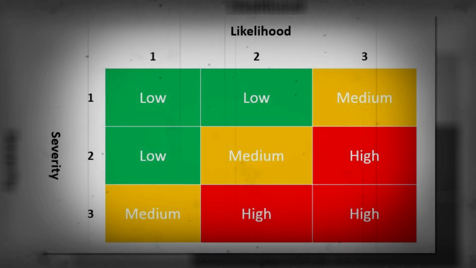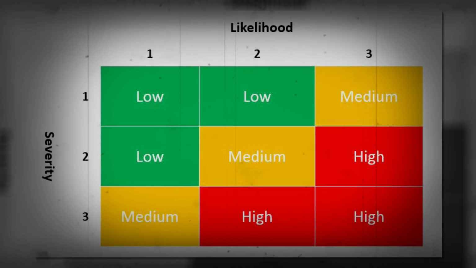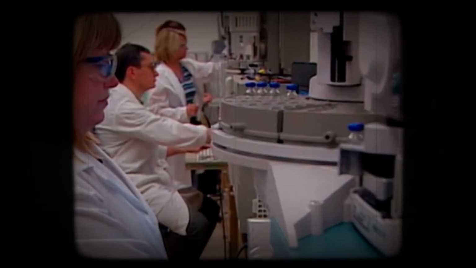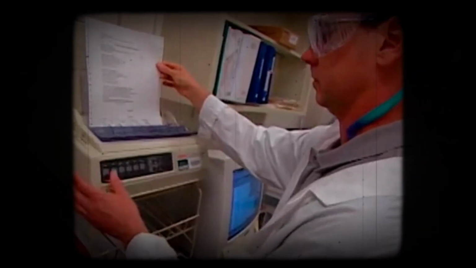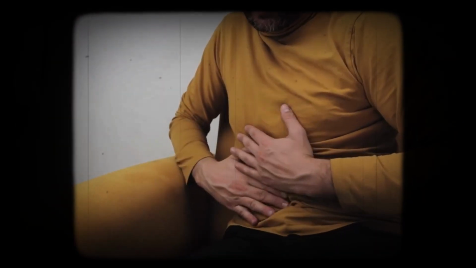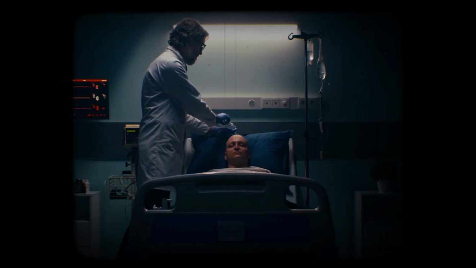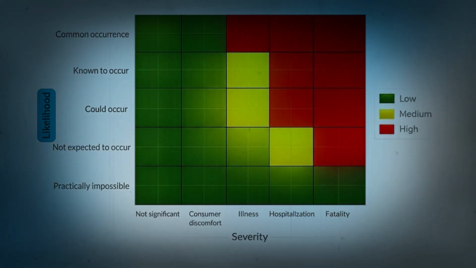See the difference? Instead of subjective adjectives, we use specific observable criteria. We move from abstract opinions to tangible outcomes like illness, hospitalization, or fatality that anyone in the organization can interpret the same way. The same applies to likelihood.